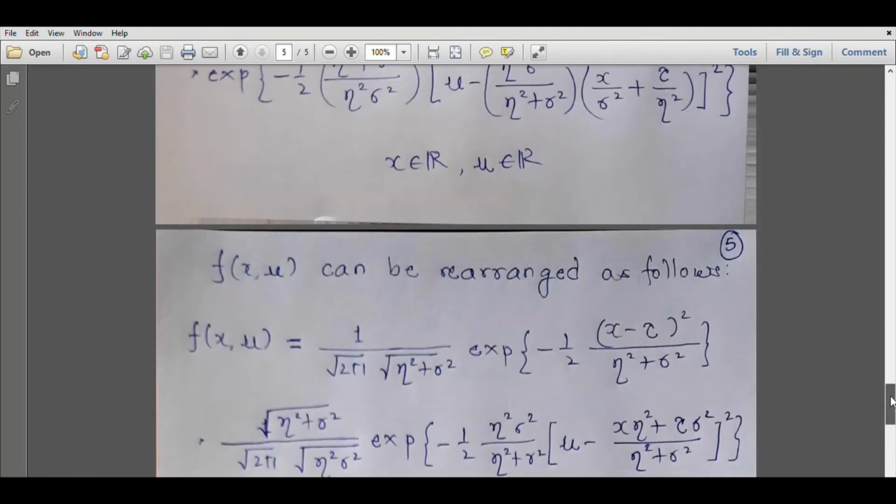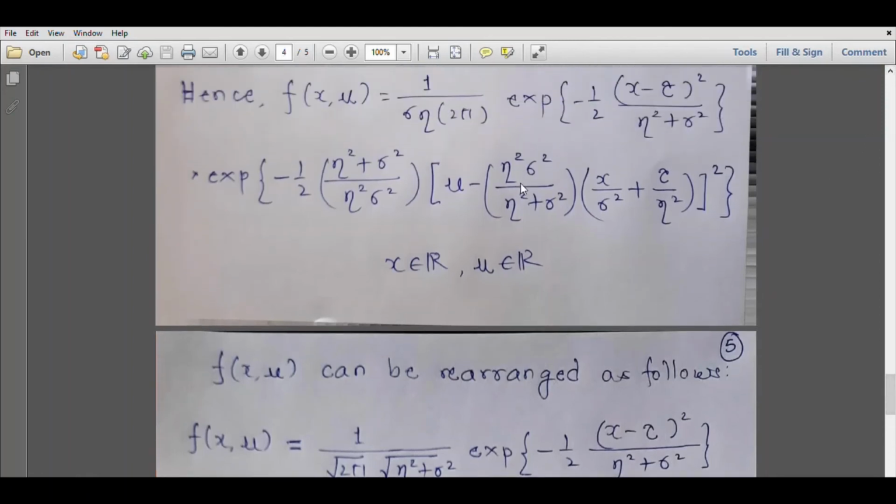Originally the mean was tau square sigma square upon eta square plus sigma square into x by sigma square plus tau by eta square.